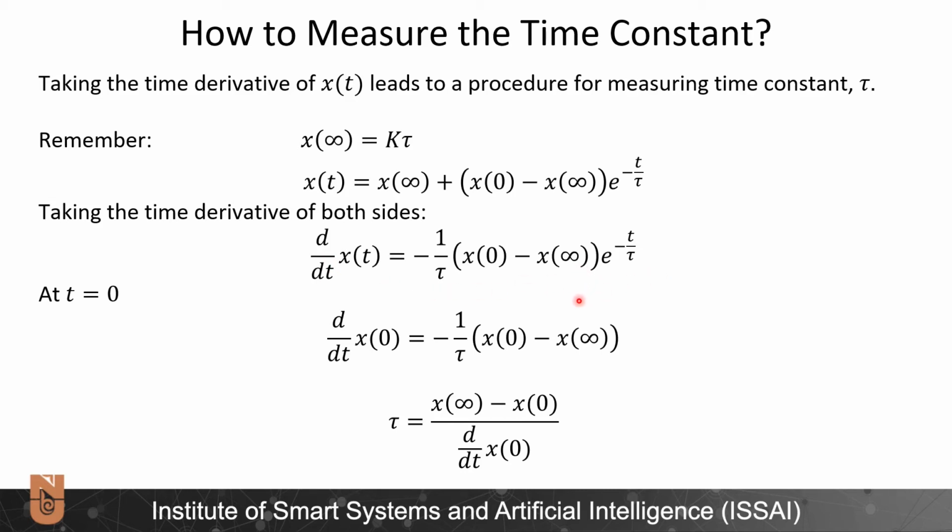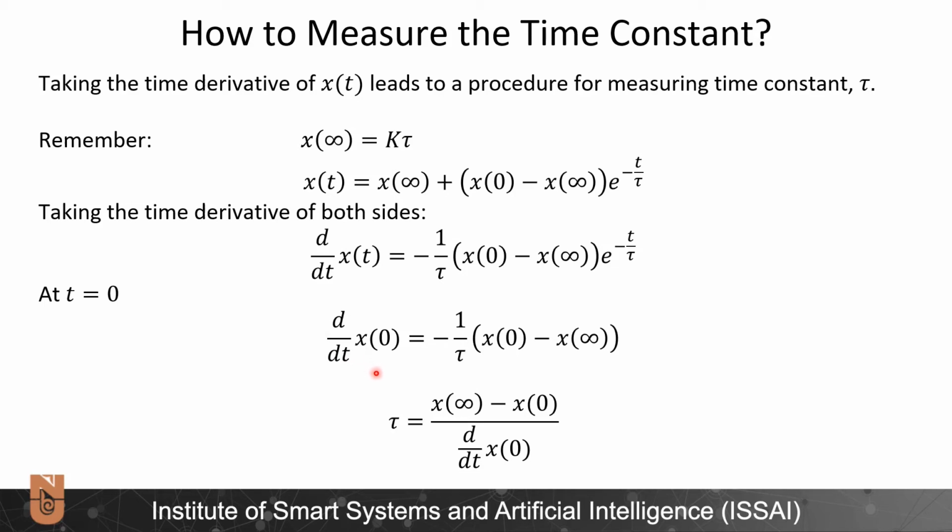So I simply took the derivatives, and as you can see, this constant term disappeared, and I took the derivative of e to the minus t over tau as minus 1 over tau times e to the minus t over tau, the same expression, and I multiplied it with this constant, which does not have any dependence on time.